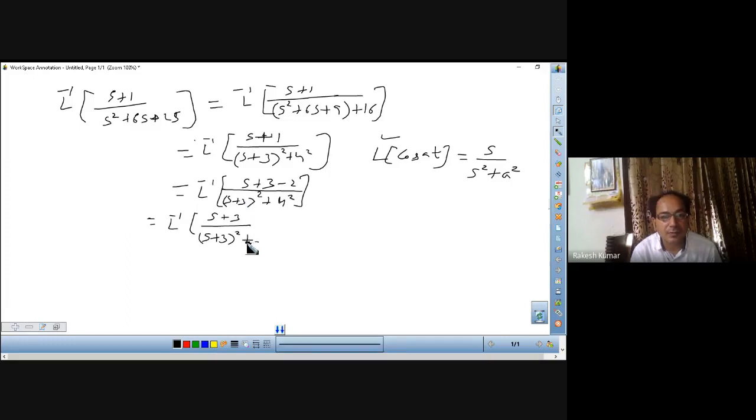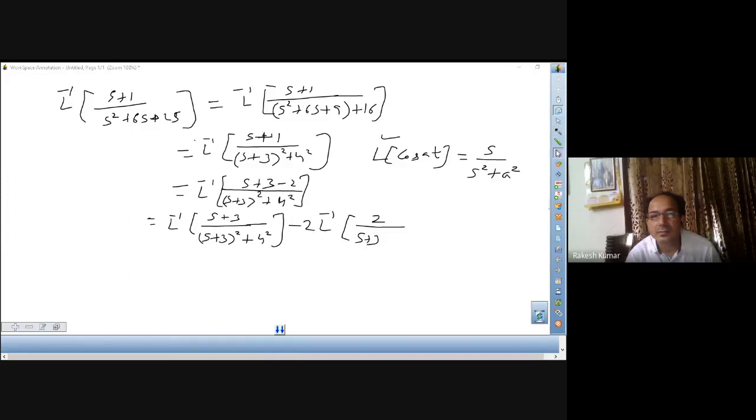We have to use the formula, that is 4 square, and the second integral is minus 2. Minus can be taken out by using the linear property. This is 2 upon s plus 3 square plus 4 square. So this 2 cannot be written this way, because we need 2 over here.